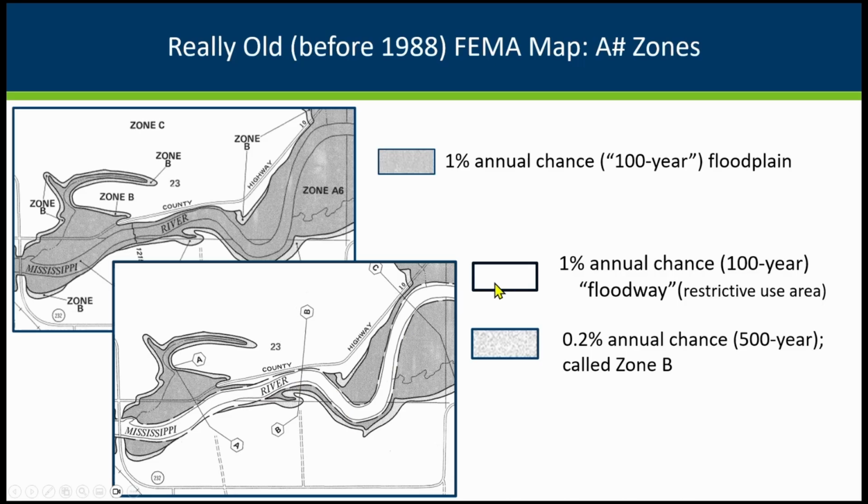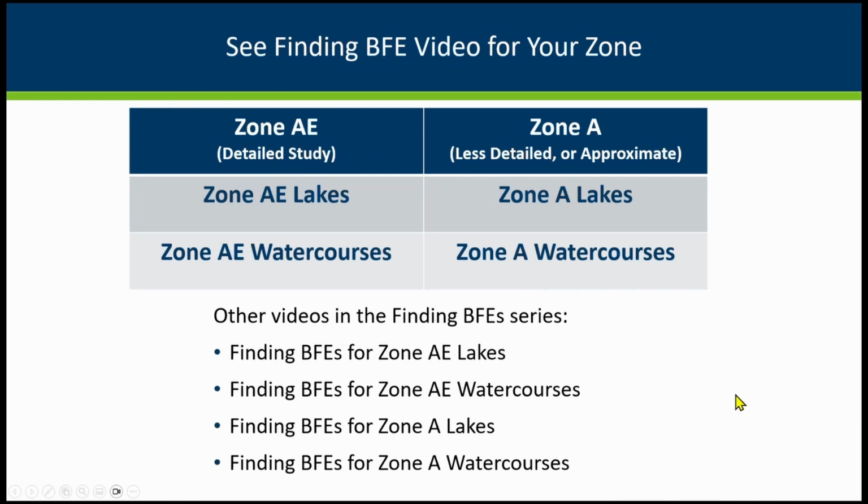That will be that restrictive floodway area. So you can see the other videos in the series about finding the base flood elevation, depending on if it's the detailed study lake, a detailed study watercourse, an approximate lake, or an approximate watercourse.